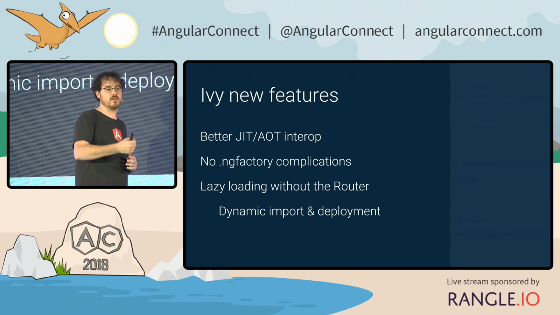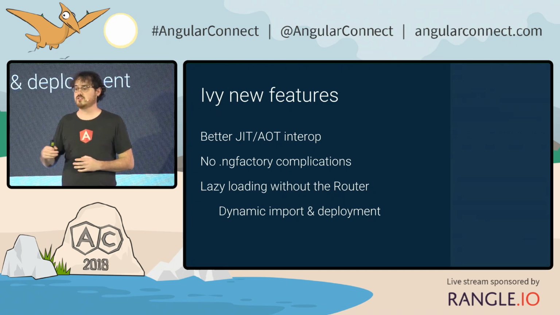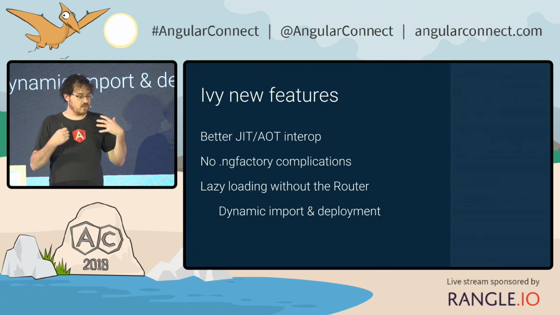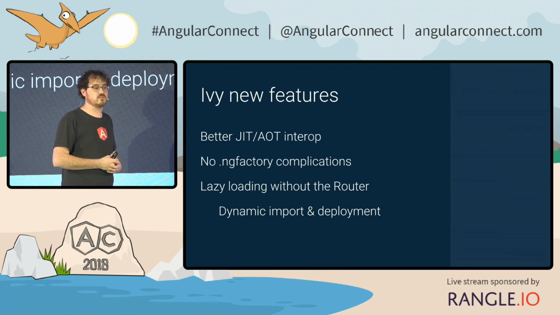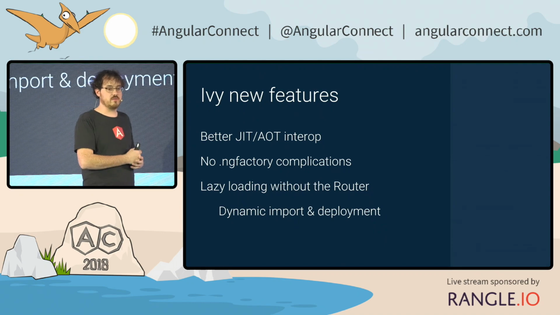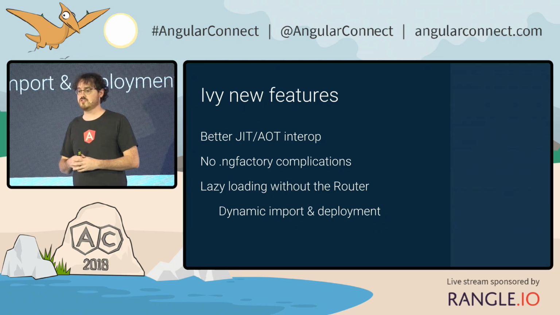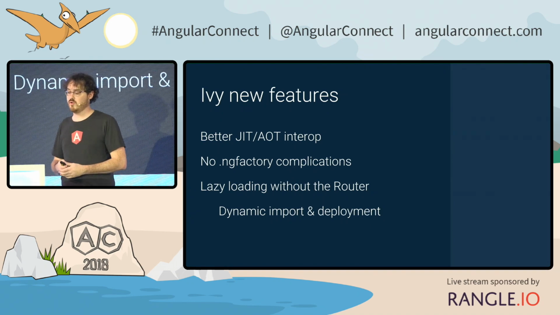And in Ivy, we think we can do better than this. And Jason, in his talk coming up, will actually show you a demo of this. And finally, NG factories have kind of been a stumbling point for users because we hide them from you in the beginning, and then all of a sudden you might encounter it in some situation, something you're trying to do. So we've been able to remove a major pain point from the library.